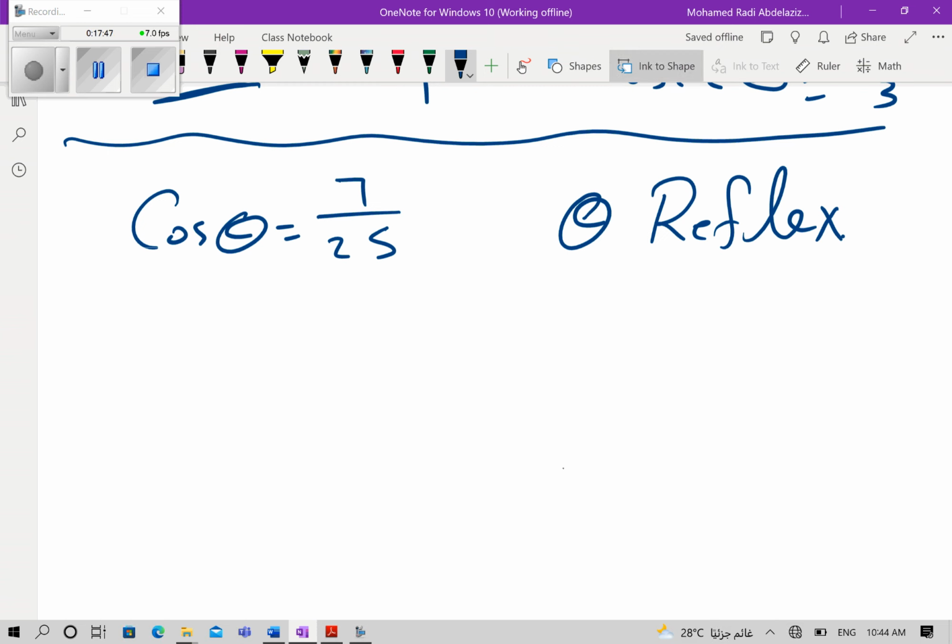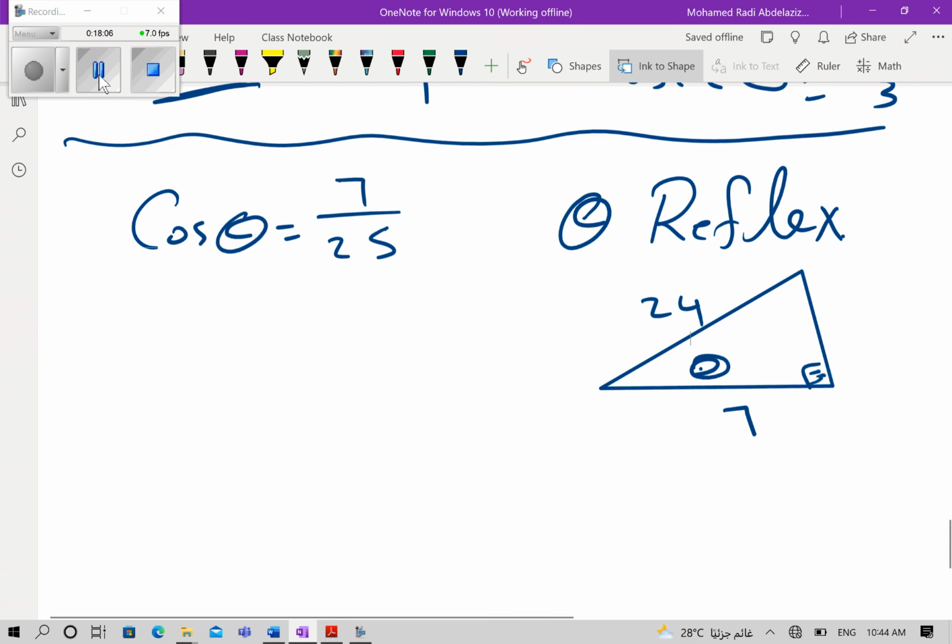By drawing a right angle triangle, it is given cosine, which is 7 over 25.